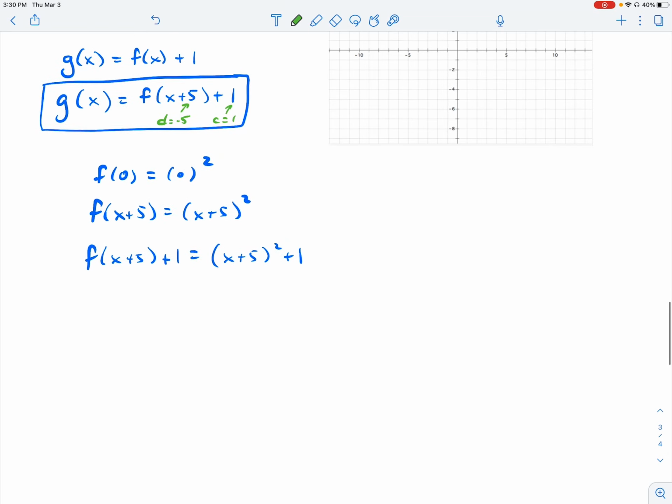So to express this in words, I would say g of x is f of x translated, because d is -5, that means we're going to go to the left 5 units and 1 unit up.